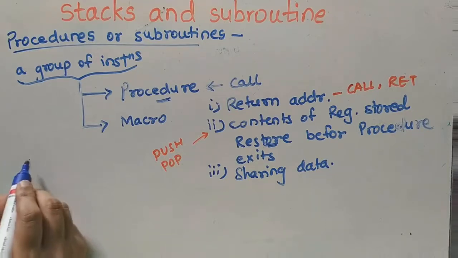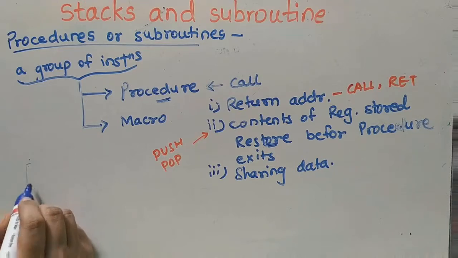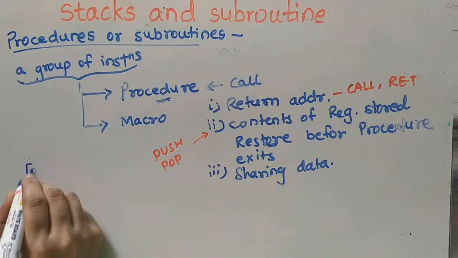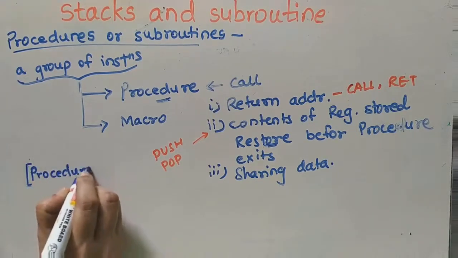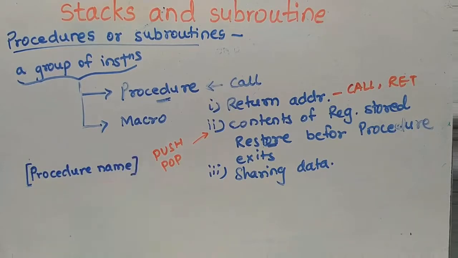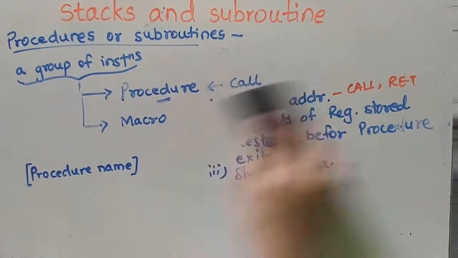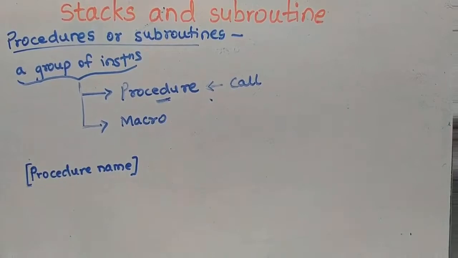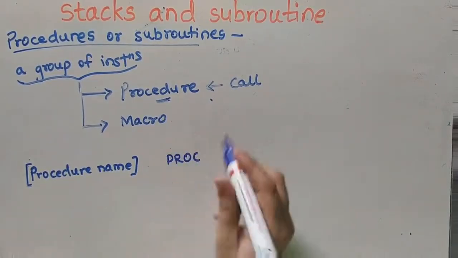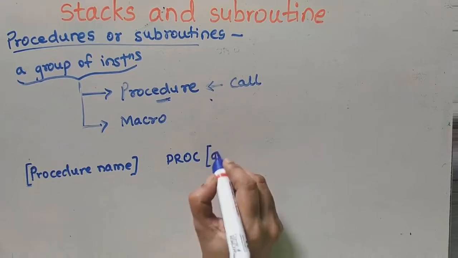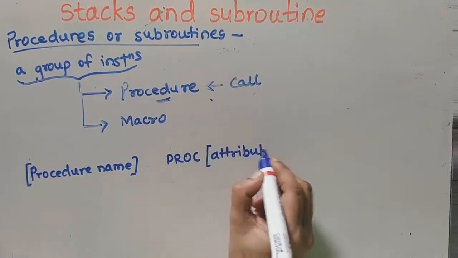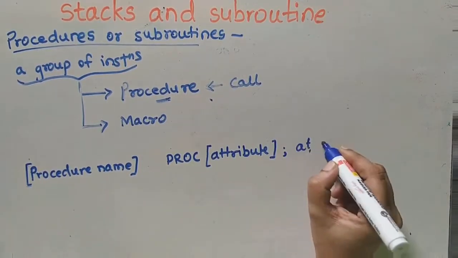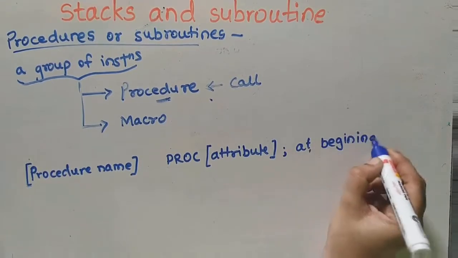Here we can write down the procedure name, then proc and attribute, so this is at the beginning of the procedure.